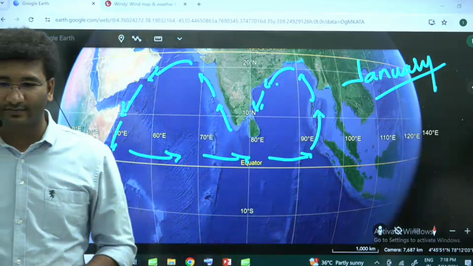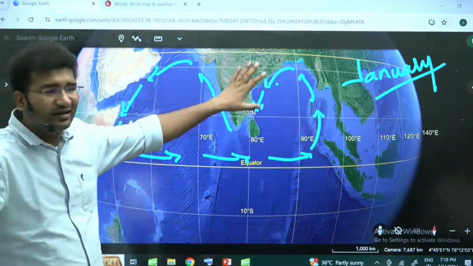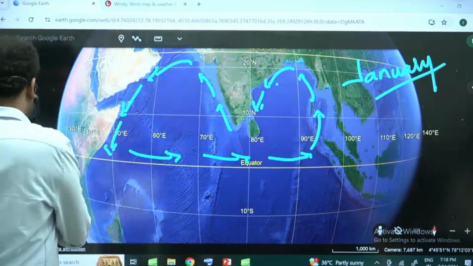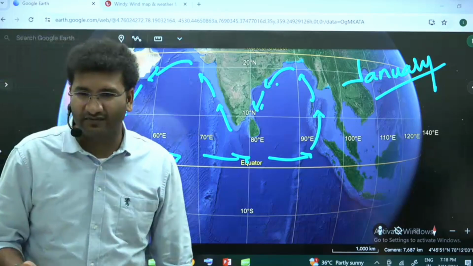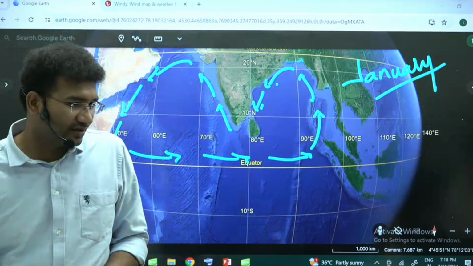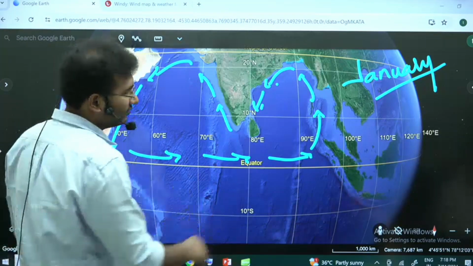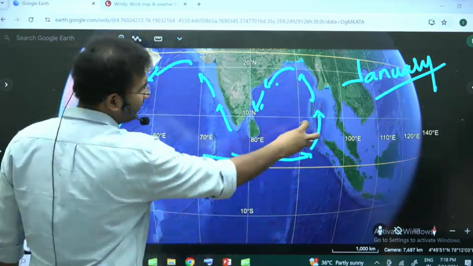Got it? Warm and cold. See, usually at India, the concept of warm and cold is not that strong here. But you see, more or less the temperatures are same. That is the uniqueness of the Indian Ocean temperatures. And in fact, maybe in the month of June, somewhere cold waters here.